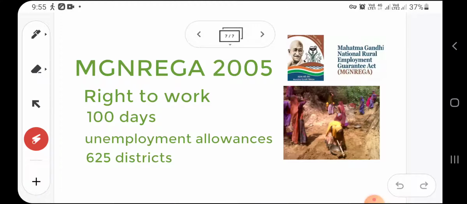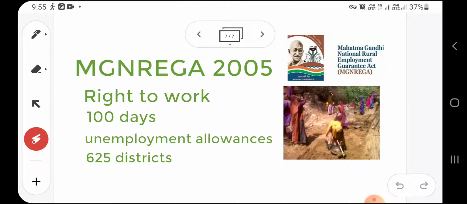What is the eligibility to get this work? Any person above the age of 18 years who resides in rural areas is eligible to apply for this work.